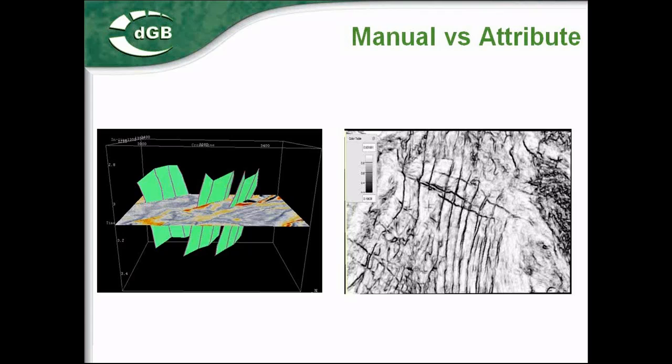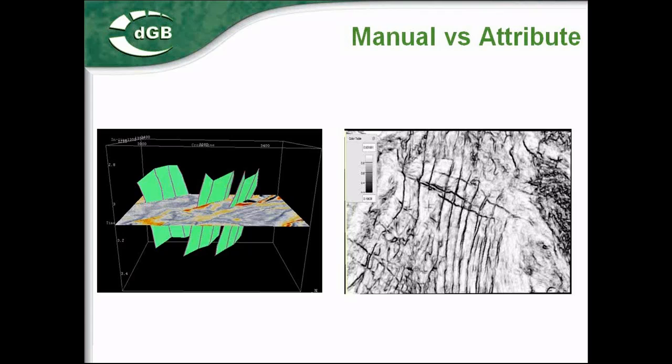So, what is the difference between seismic attributes for fault interpretation and manual mapping? To the left you see an image of manual mapping, and you usually do that by interpreting fault sticks and then interpolating between them. The advantage of that is that you really get your hands dirty, you dig into the data, and you get to know the data.